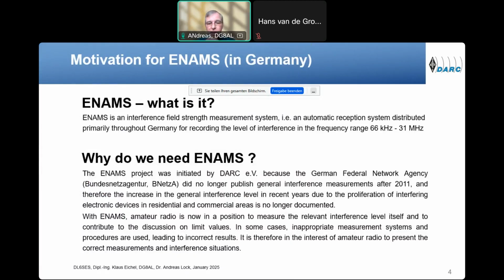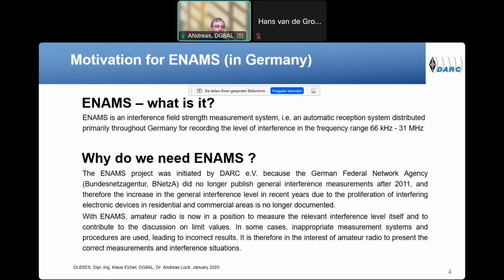It was initiated by the DRC-EW, because the Bundesnetzagentur, the German Federal Network Agency, did no longer publish general interference measurements after 2011. We do not know if they are still measuring and monitoring, but they were not published, and therefore the increase in the general interference levels in the last years is not documented and not communicated.